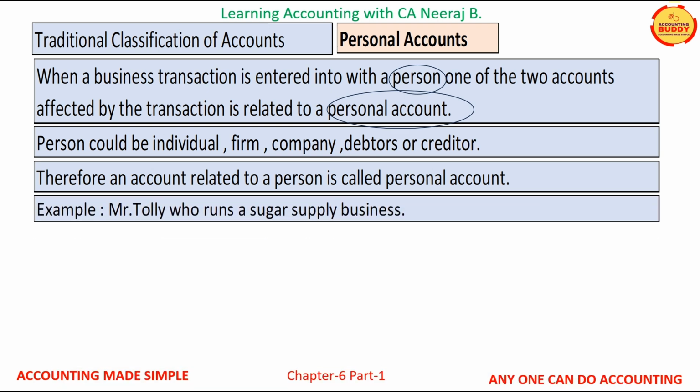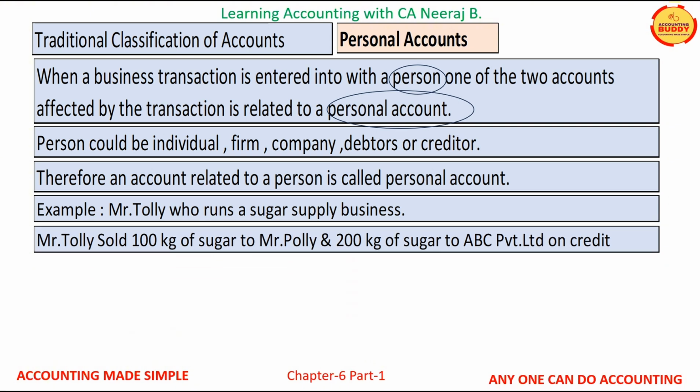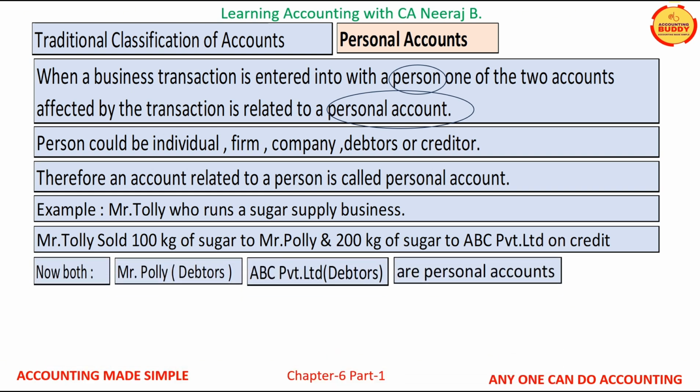For example, Mr. Tolly, who runs a sugar supply business, sold 100 kg of sugar to Mr. Polly and 200 kg of sugar to ABC Private Limited on credit. Now, the credit sales transaction is recorded in the personal accounts of Mr. Polly and ABC Private Limited. Both are debtor accounts of the business.